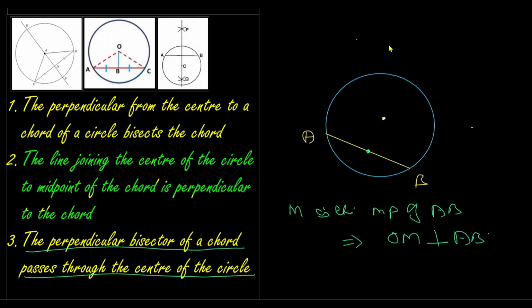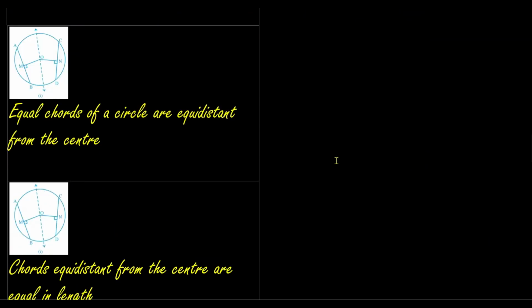If you have used a compass to draw a perpendicular, you can recall that we make an arc from A on one side and also on the other side using B, we cut these two arcs, and then we join these two points. So the perpendicular bisector of a chord will pass through the center of the circle. This time it is perpendicular as well as bisector, so it will pass through the center. Moving to the next.